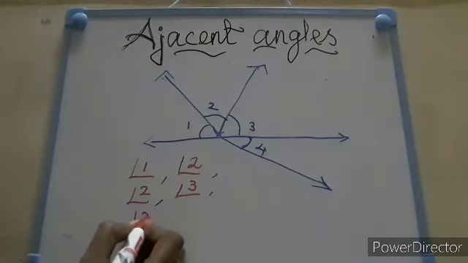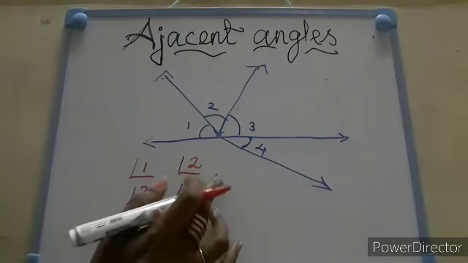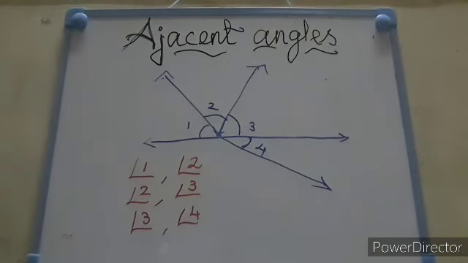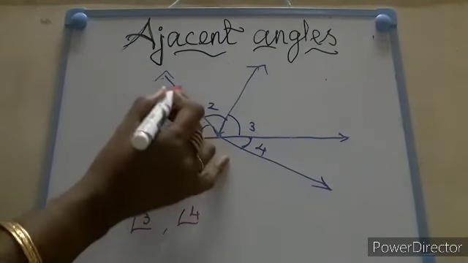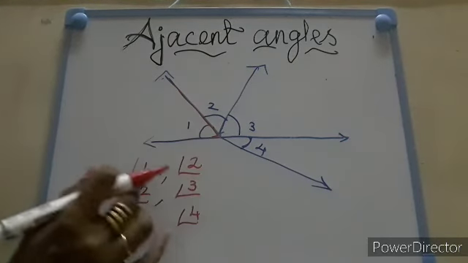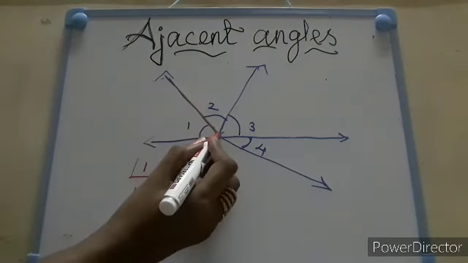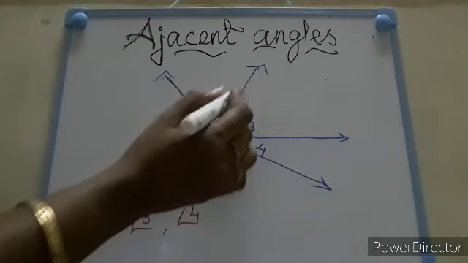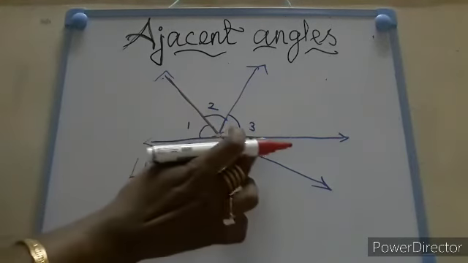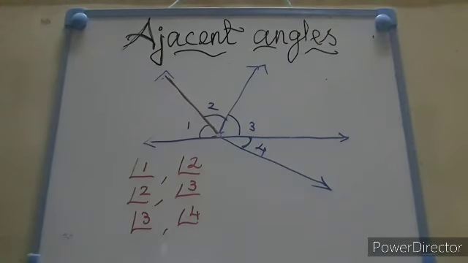And angle 3 and angle 4 are adjacent angles, right? Look here, this is the common arm for 1 and 2, and both angles meet at the same point. It's not overlapping with any other angles. The same way, the common arm for angles 2 and 3 is this one.